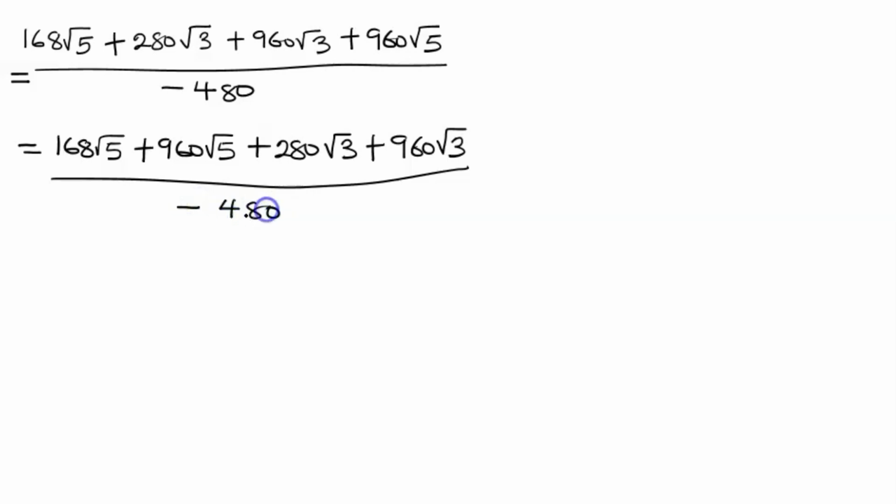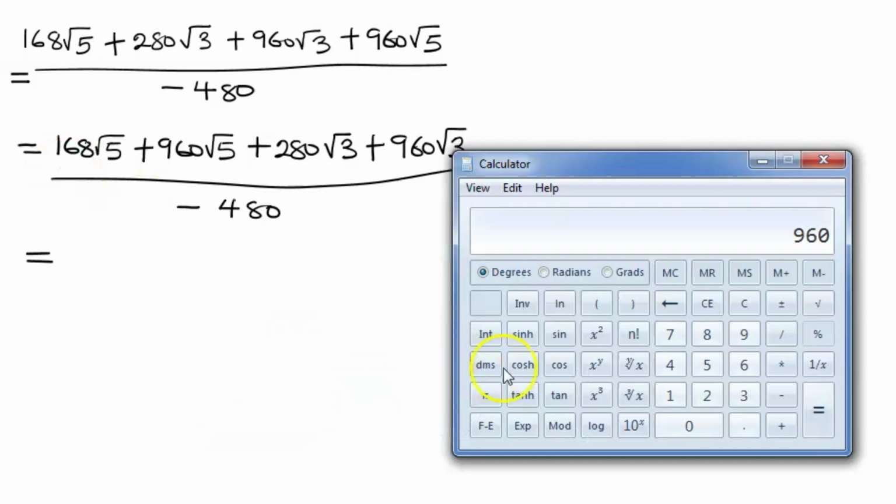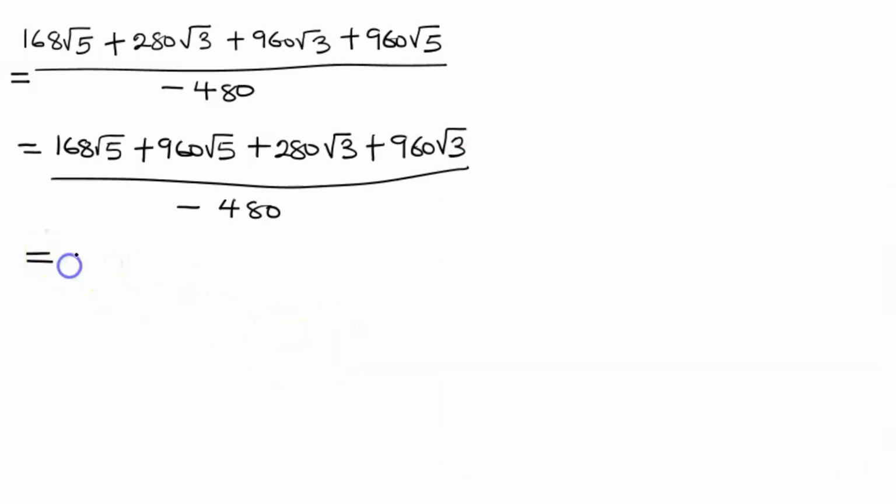All right, so what do we do? Surds that are similar can be added and they can be subtracted from one another. In this case, there is a positive sign in between them. So we are going to do 168 plus 960. Let me do it on my calculator. So I have 168 added to 960. Okay, that's 1128. So we have 1128 root 5.